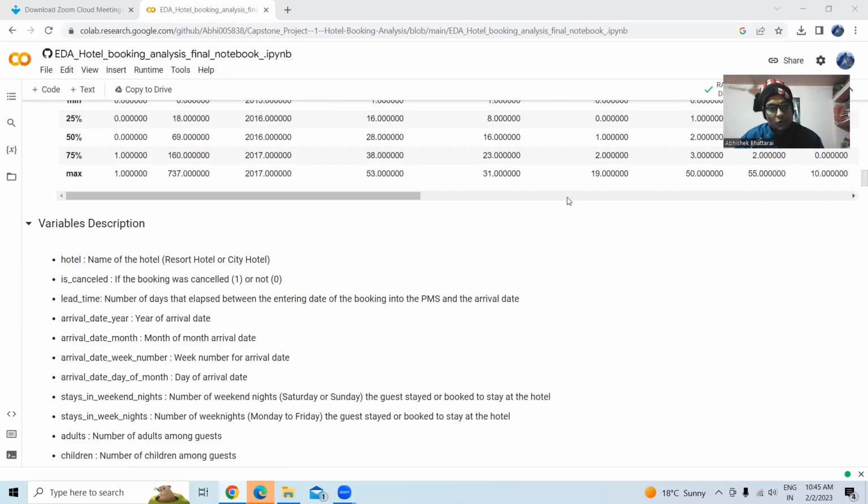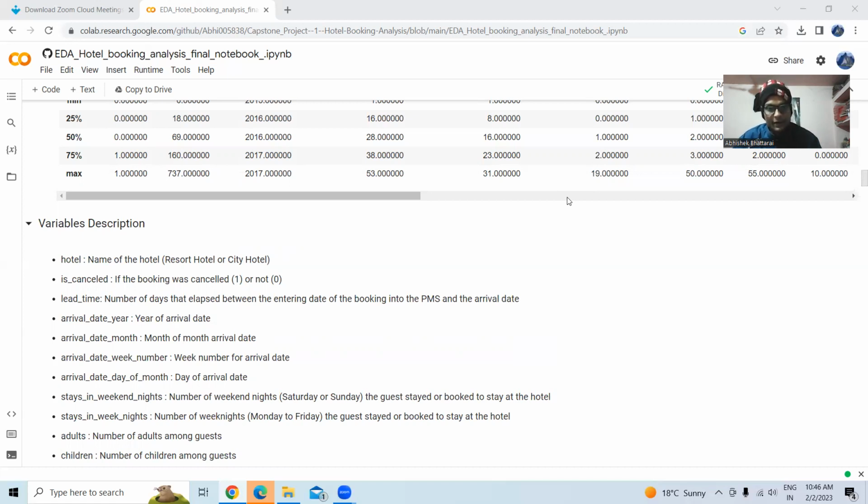First variable is hotel, the name of the hotel, resort hotel or city hotel. Is cancelled: if the booking was cancelled, 1, and if not, 0. Lead time: number of days that elapsed between the entering date of the booking into the PMS and the arrival date.